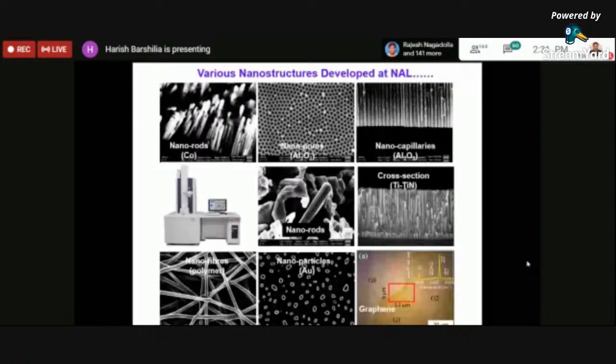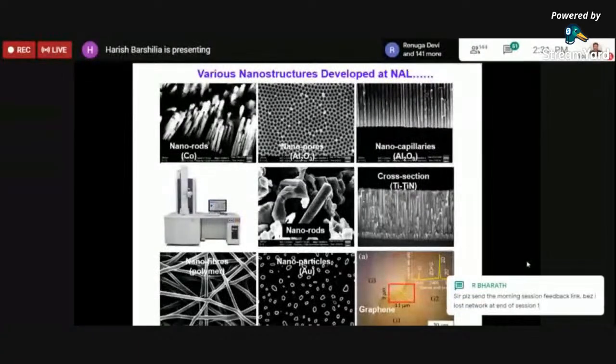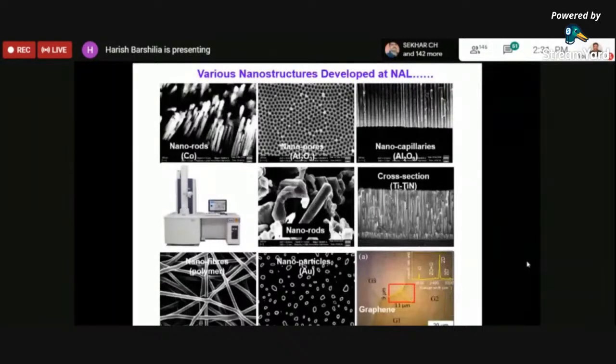Then nanorods of metals, then template assisted growth of various membranes, wherein the diameter of the pore is a few nanometers, nanocapillaries, and then nanofibers, nanoparticles, graphene, and so on and so forth. There are a large number of these. Whatever we are seeing is done by our students, and these are some of the selected ones. We have done maybe more than 200 to 300 new materials. Their microstructure has been studied and their properties have been studied.